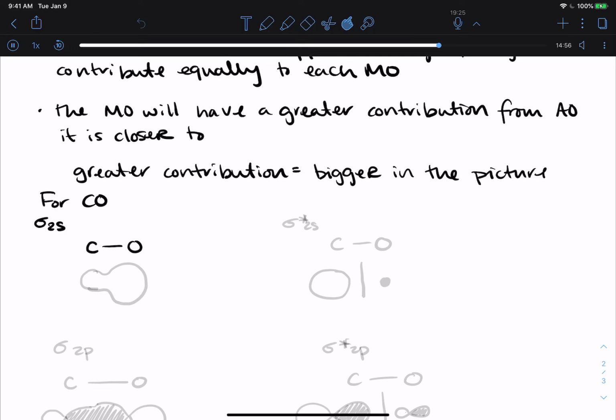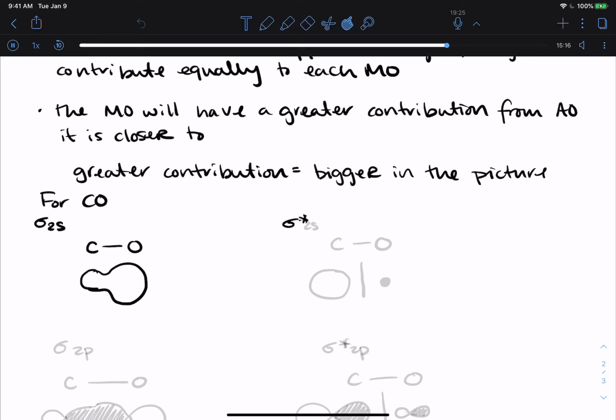So the s orbital on the oxygen side will draw bigger than the s orbital on the carbon side. They're a little weird to draw, but this is our best way of communicating this information.